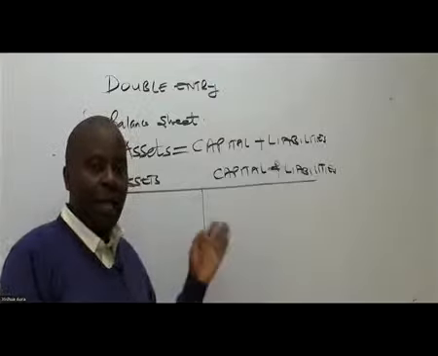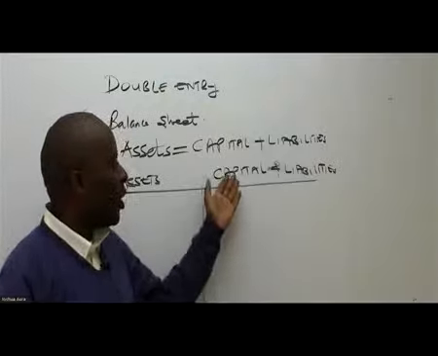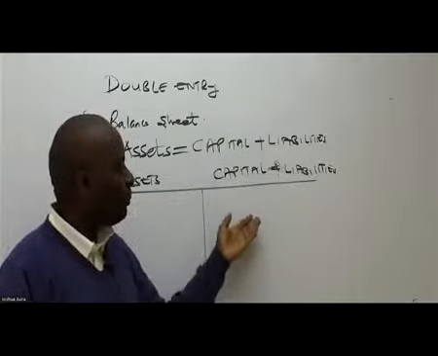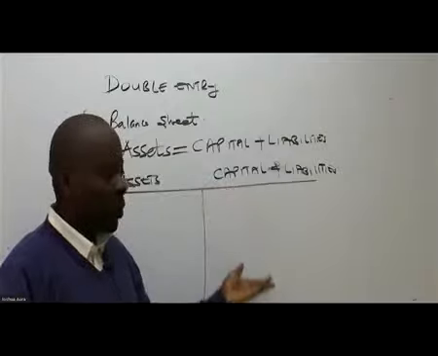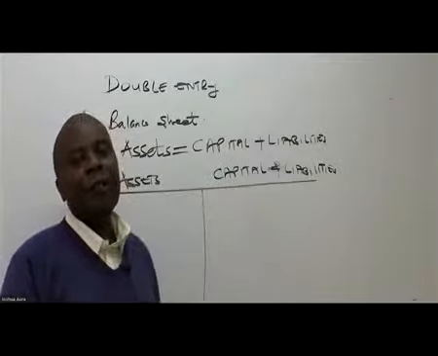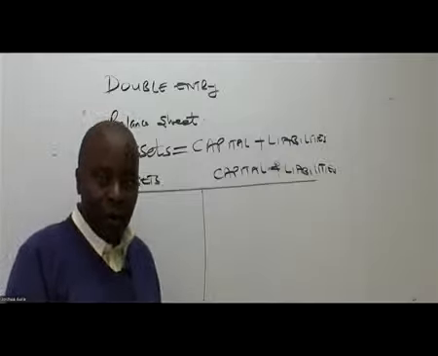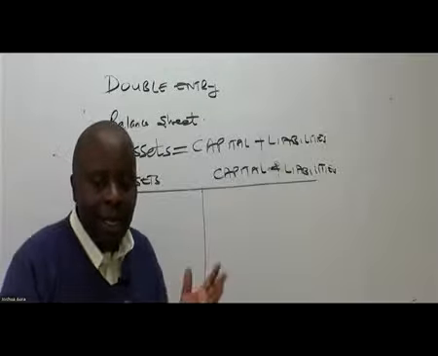Perhaps the owner brought in money through owner's contributions, that is capital. Perhaps this particular vehicle was bought by ourselves on credit, so we incurred a liability.